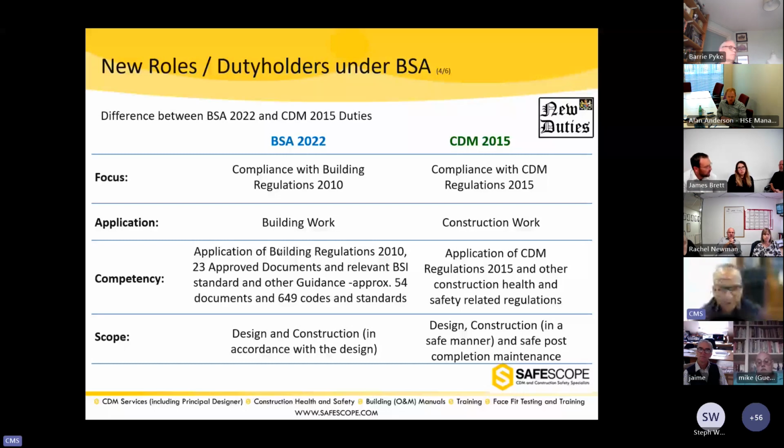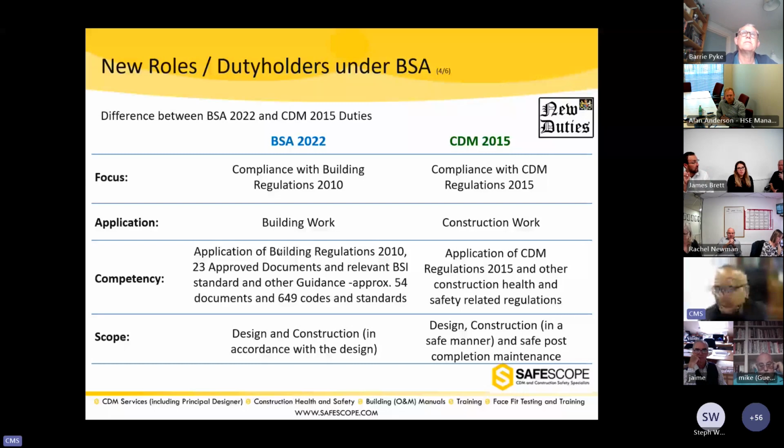The emphasis is different. The Building Safety Act applies to building work, not construction work, whereas CDM relates to construction work. These two definitions are totally different. Building work and construction work are not one and the same, and I'll explain in the next 2 minutes why there's a difference.